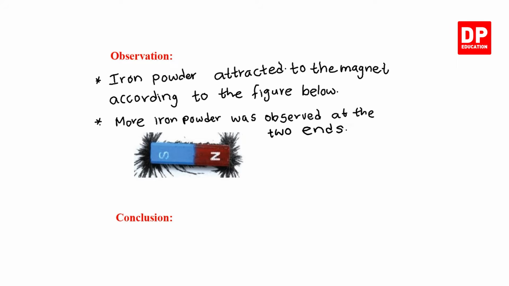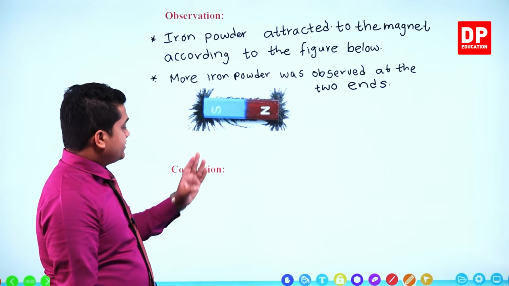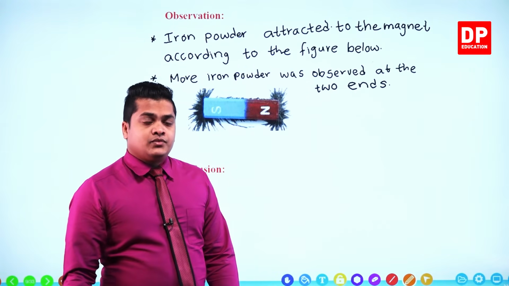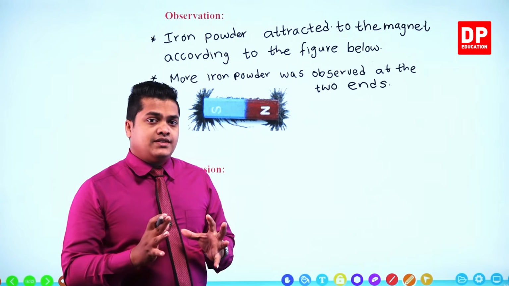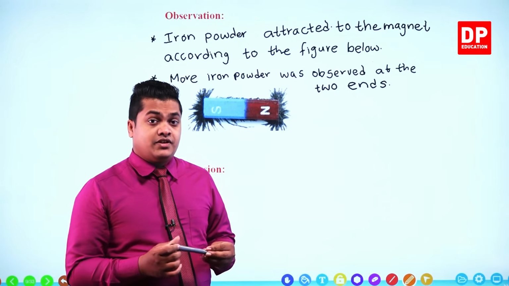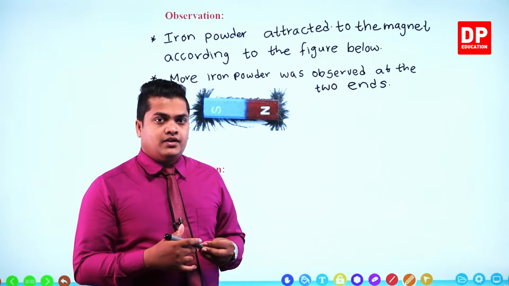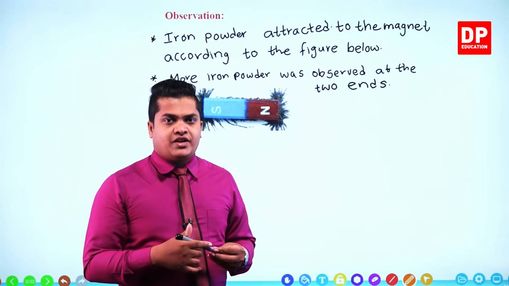We could observe more iron powder at the two ends, right? Like this. So what is our conclusion from this activity? What is the conclusion of this experiment?